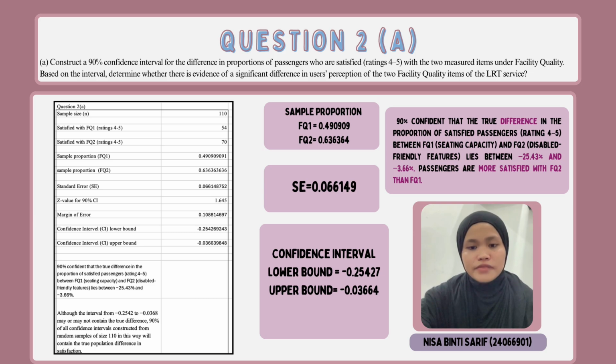And we get the lower bound of negative 0.25427 and the upper bound of negative 0.03664. So from this answer, we can see that passengers are more satisfied with FQ2 than FQ1.